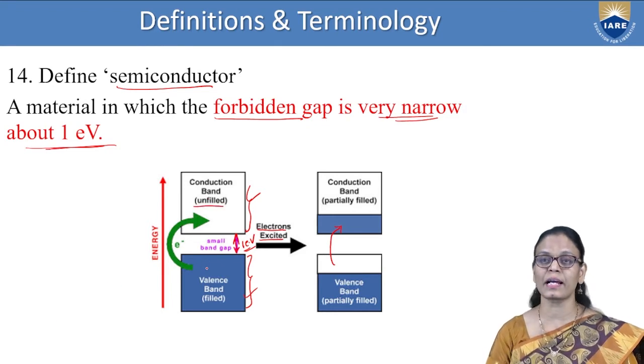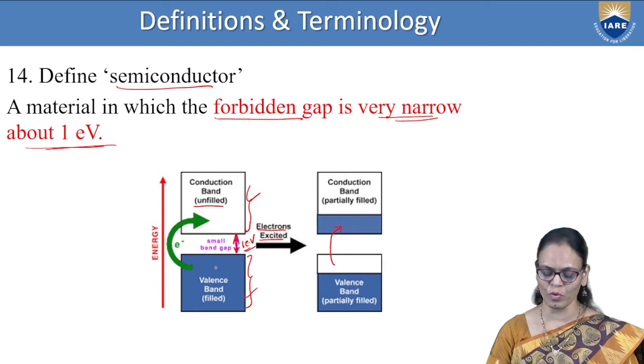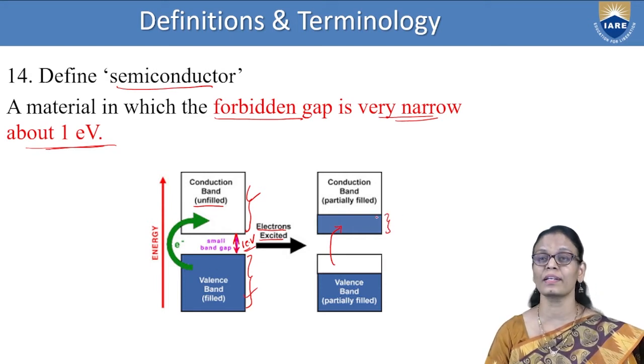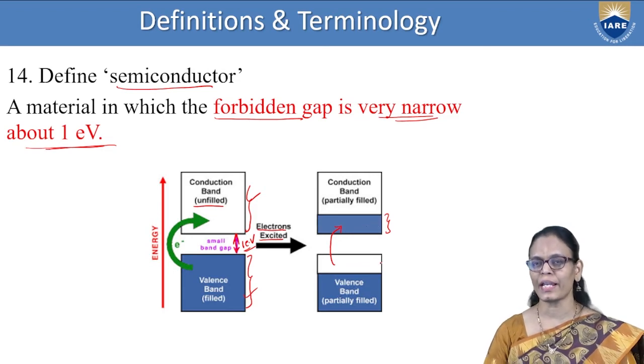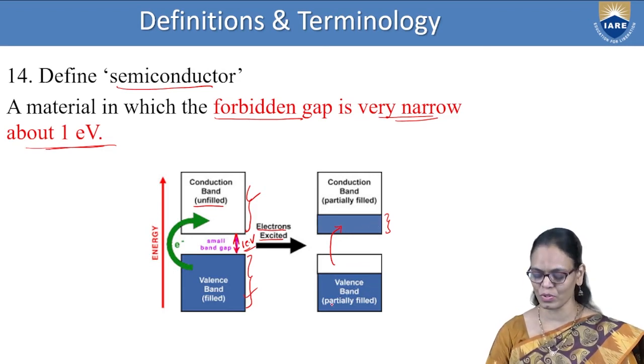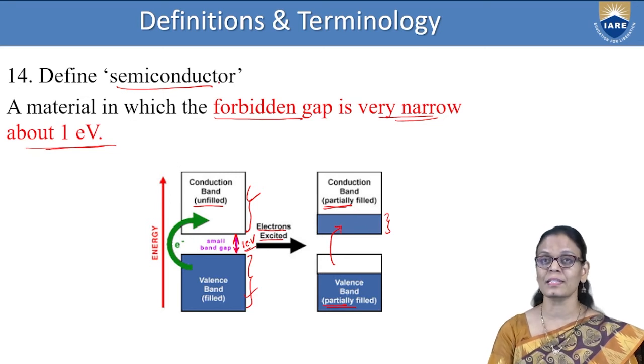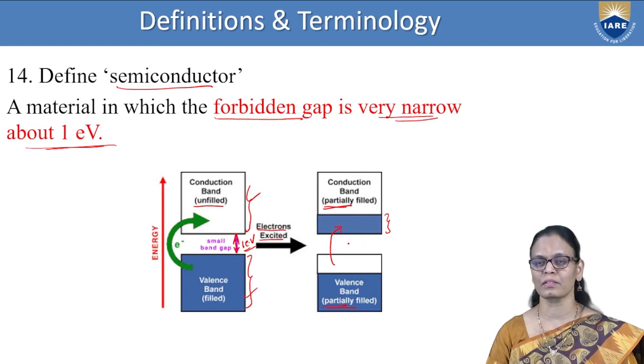But when there is excitation of electrons, they move from the valence band to the conduction band. So these are the levels that are filled by the electrons from the valence band. So here it becomes partially filled. This is also partially filled. So when they are moving, they start conducting. So semiconductors can be made to conduct by supplying little energy.